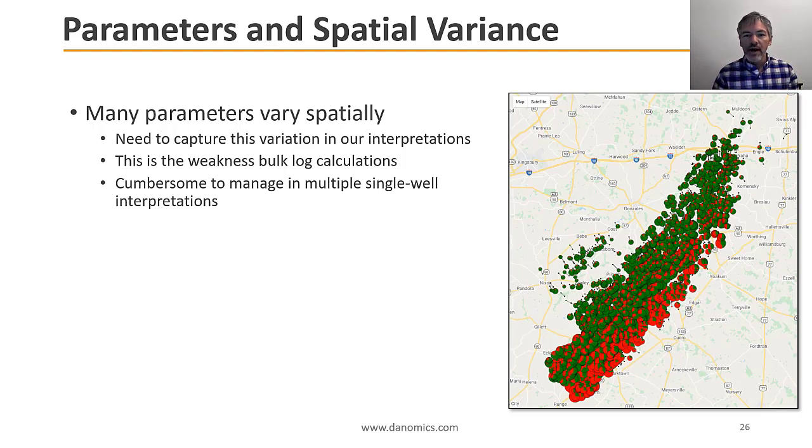And so if you were evaluating things like oil or gas in place, you would want to take this variation in GOR into your analysis. Likewise, this is reflective of changes in maturity, for example. So you would also want to make sure that you have your maturity models varying spatially if you're integrating those into your petrophysics. And that is the crux of multi-well petrophysics.